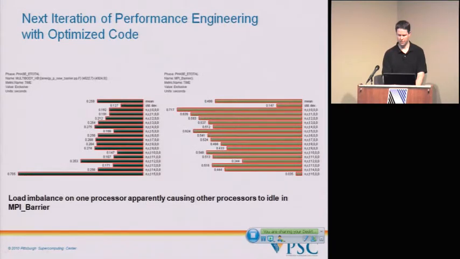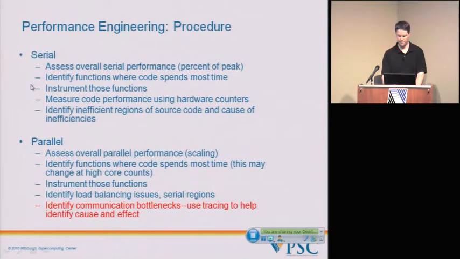So that would be here. It looks like all these other cores are spending a lot of time in MPI barrier because this one is taking a long time to finish in this particular function. So that's something to look at and see if there's something algorithmically or implementation-wise that you can do to eliminate that bottleneck.